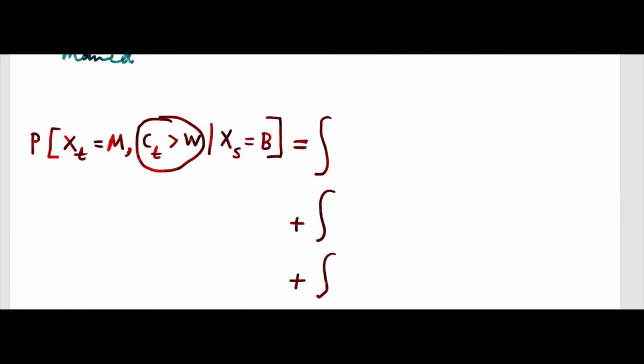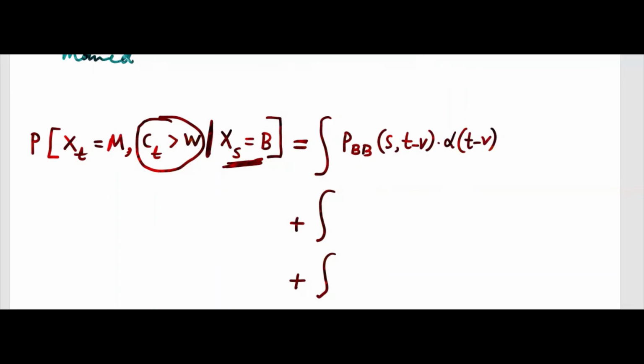Suppose I write p b to b. This is where we will start, given that X_s is equal to b, someone is a bachelor or never married, you can say, and we'll write the s to t minus v term. This alpha is like mu here at time t minus v.